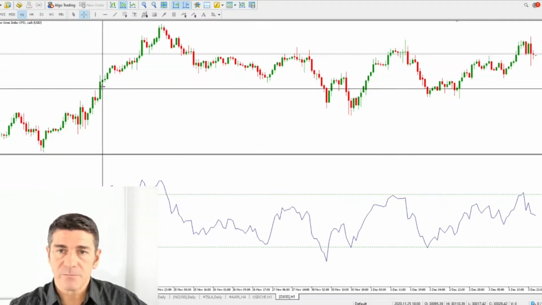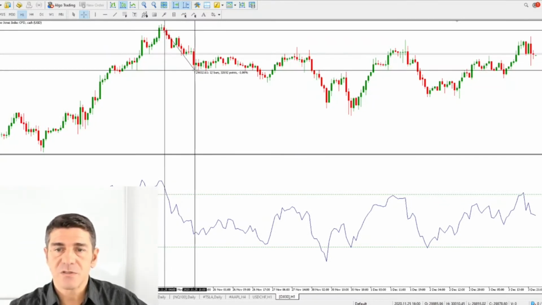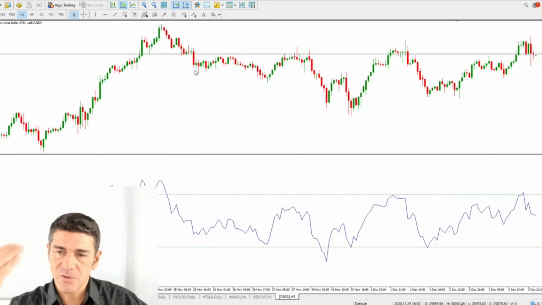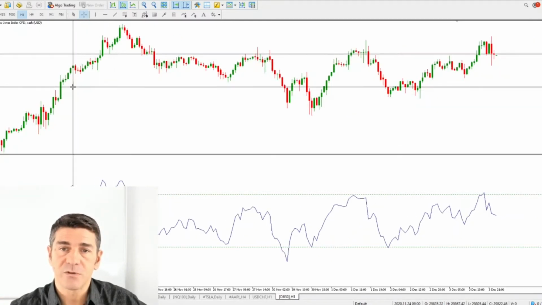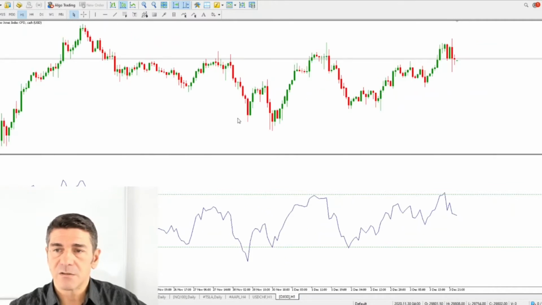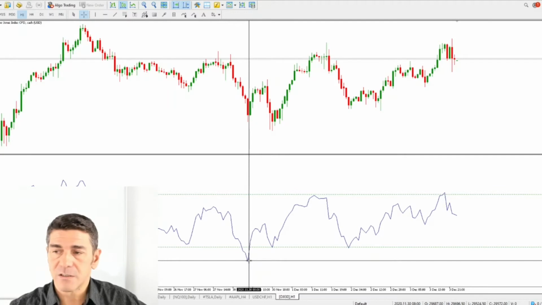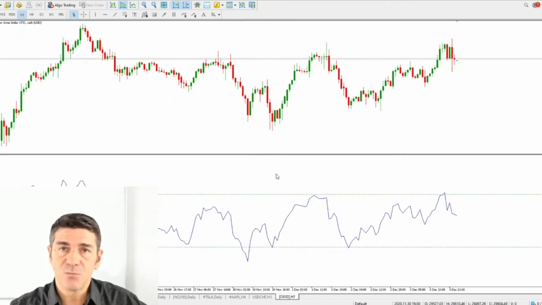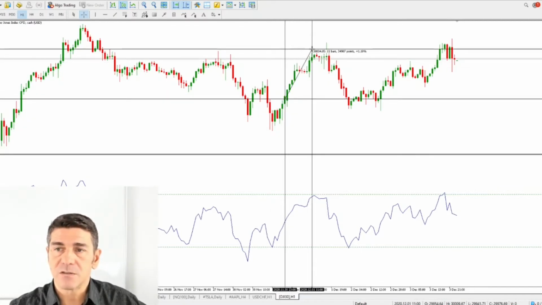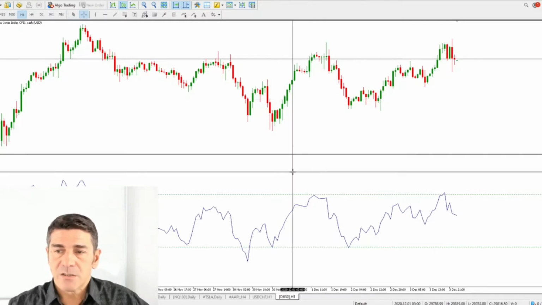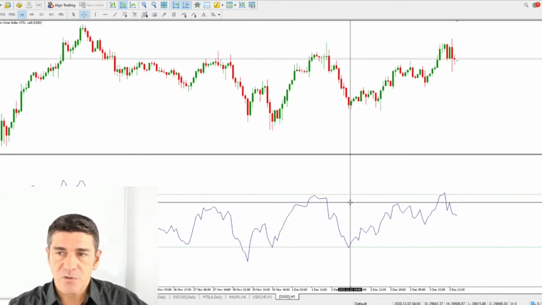The current trend, if it was an uptrend, may very soon reverse and start going down. And the opposite: when the RSI goes below 30 and starts moving up from there, we can consider that the market will start rising. These are the basic points.